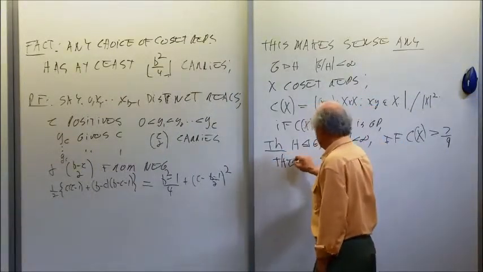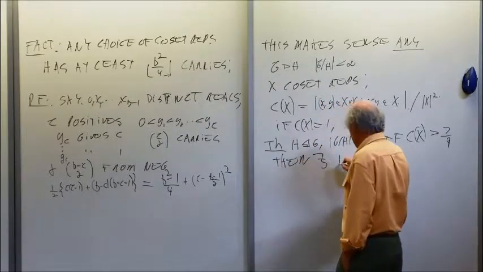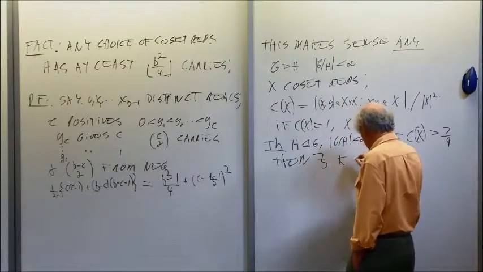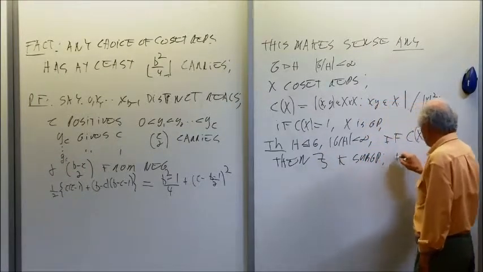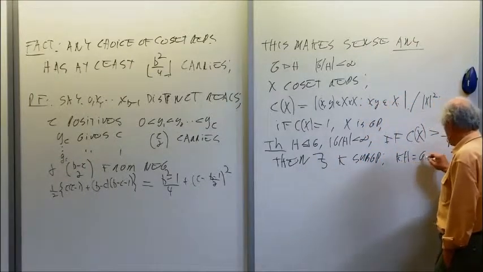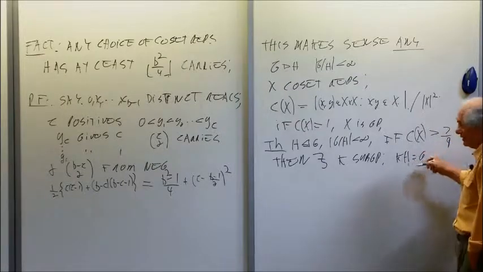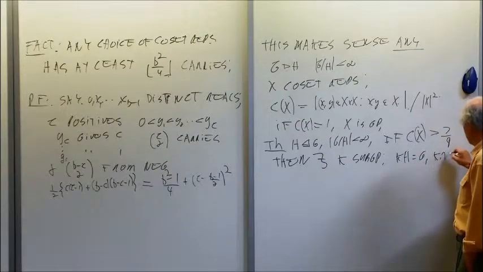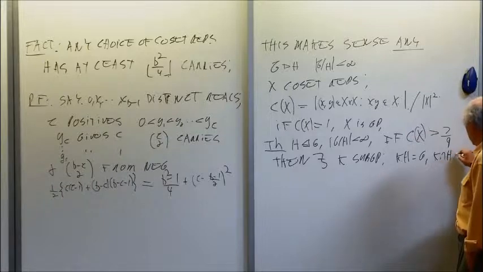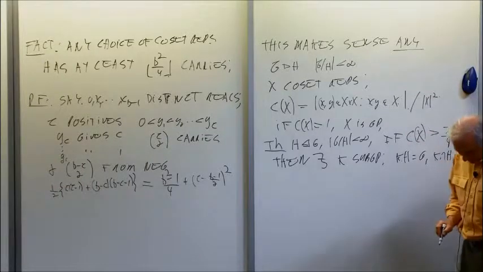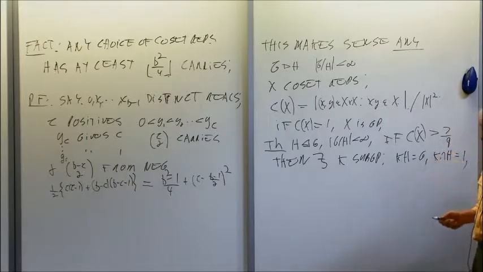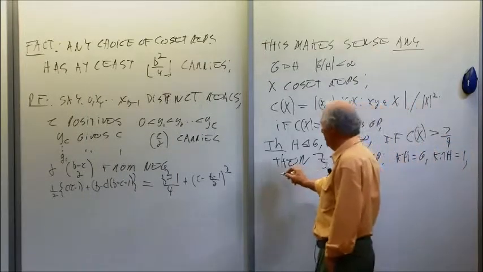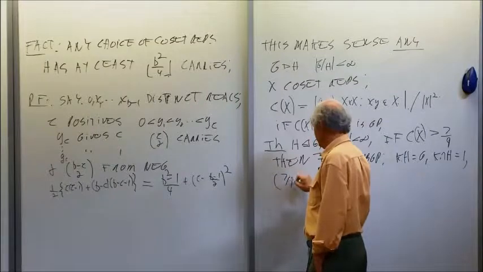And there exists a subgroup K such that K times H is G, and they only intersect trivially. K intersect H is the identity. So the extension splits.